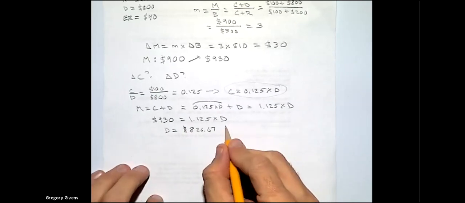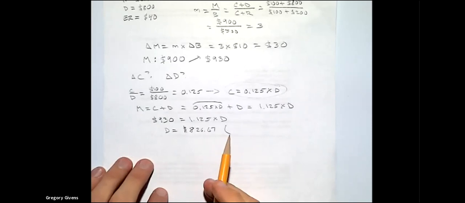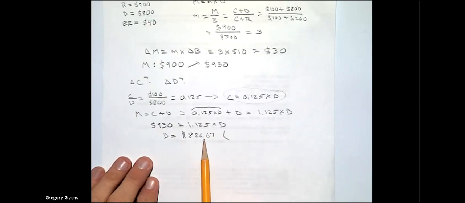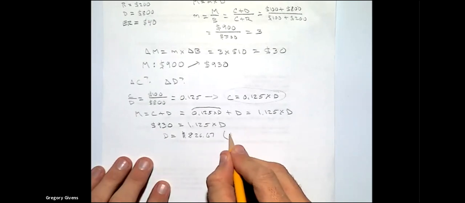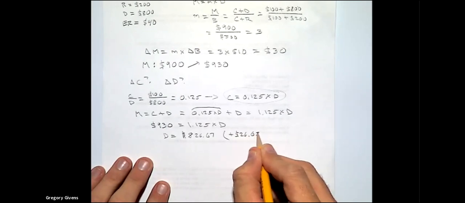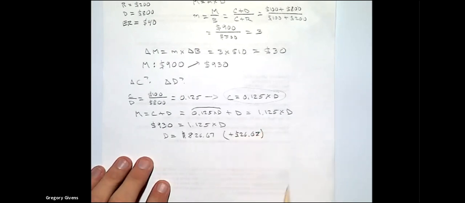And so how much have deposits gone up by as a result of this injection of $10 billion worth of bank reserves? Deposits were initially 800 billion. Now they're 826.67 billion. So there's been a 26 2/3 billion dollar increase in checkable deposits.